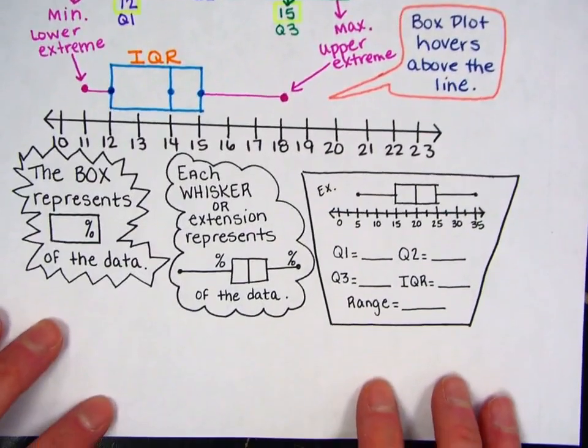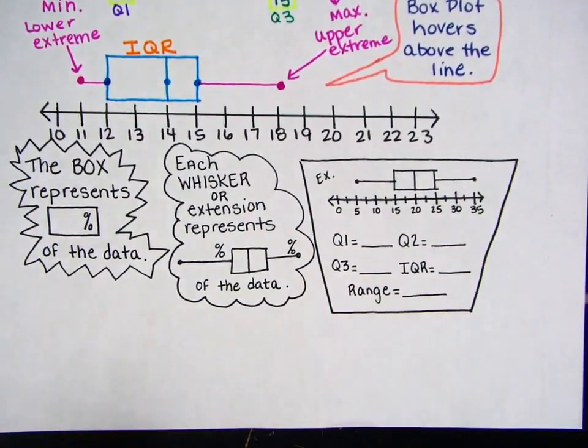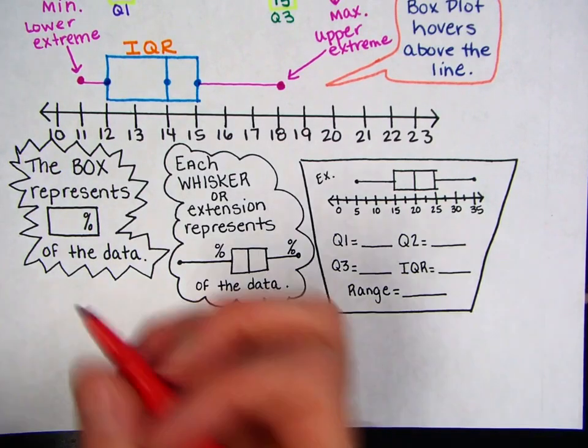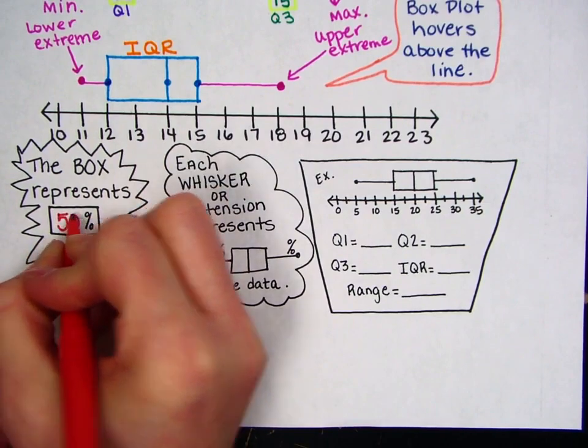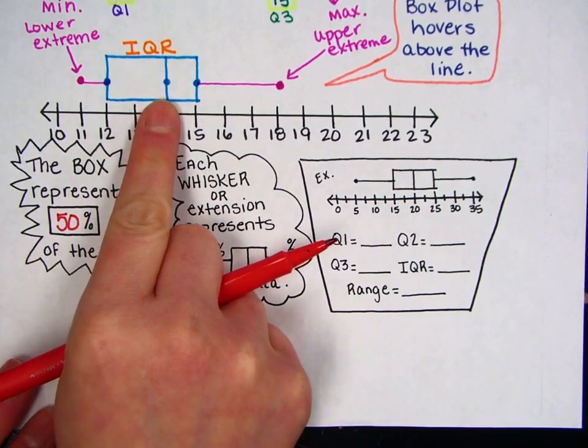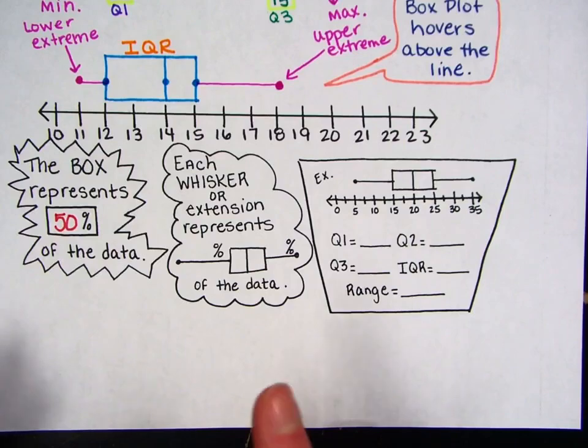So going down here, the actual box, which I told you was the IQR, it's actually where 50% of the data is. And we talked about this the other day, if you guys remember. 50% of your data is right there in that box. So half of the data you're given is shown by the box, as it should be.